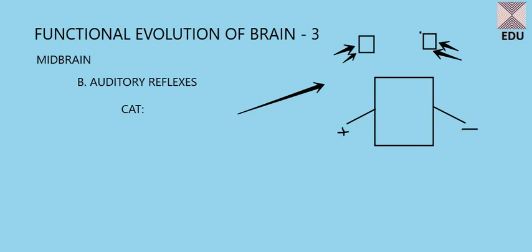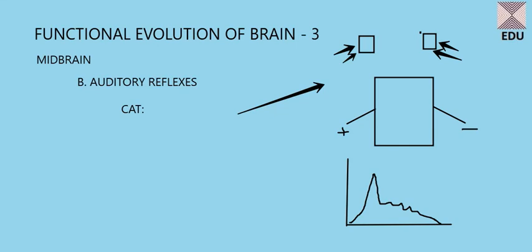So we have a graph which is showing the action potential of the sound. That means if you give a particular sound to the cat, the midbrain shows an action potential graph.